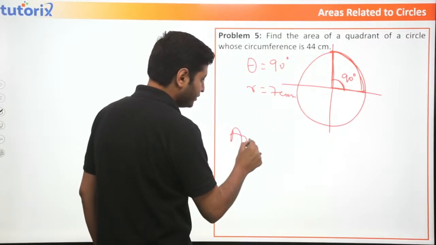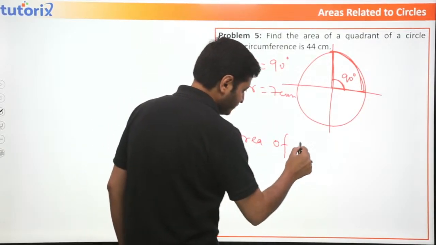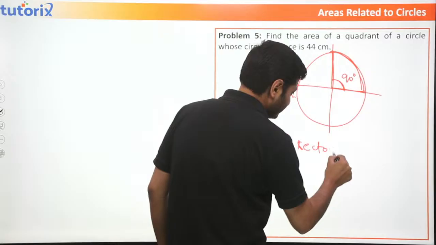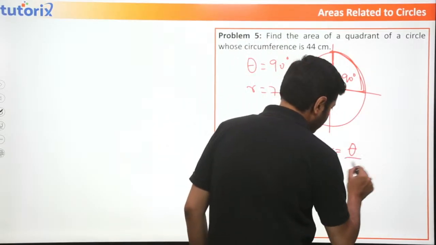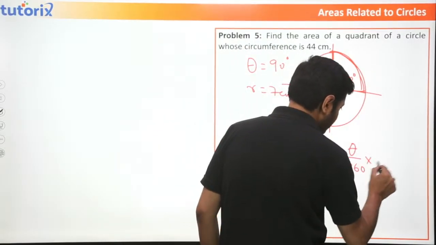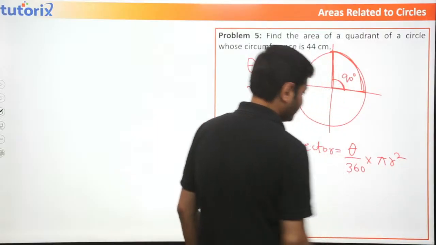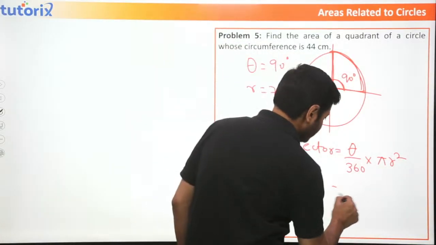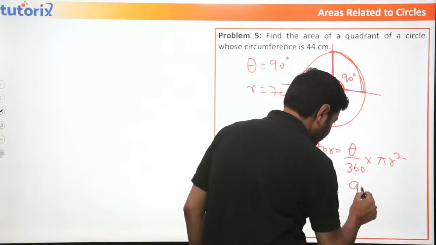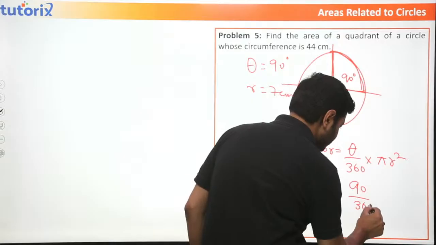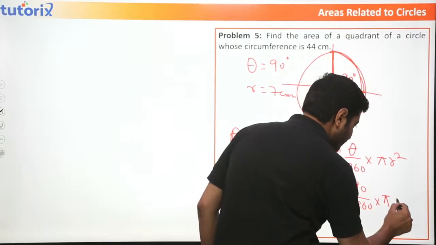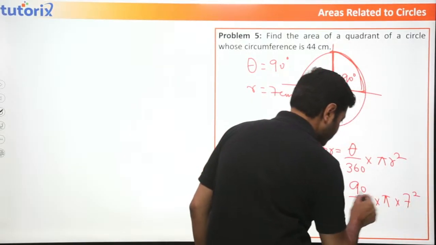So area of sector is theta by 360 into pi r square, correct? Theta value is 90, so 90 by 360 into pi into 7 square. Okay, this is 1 by 4.